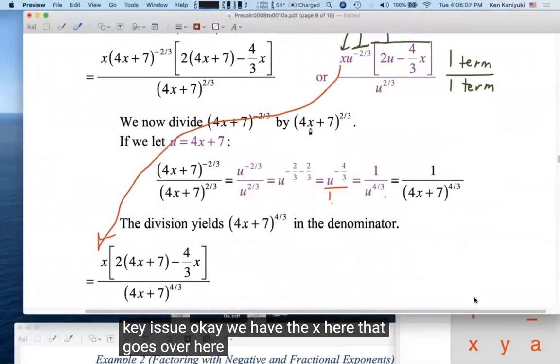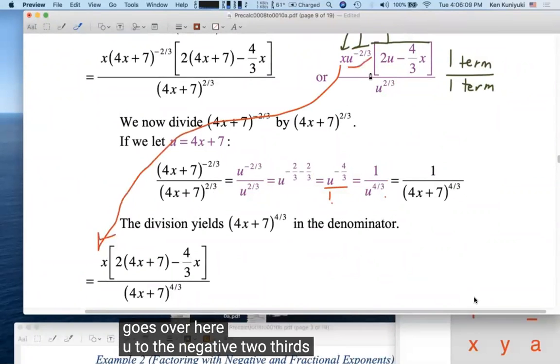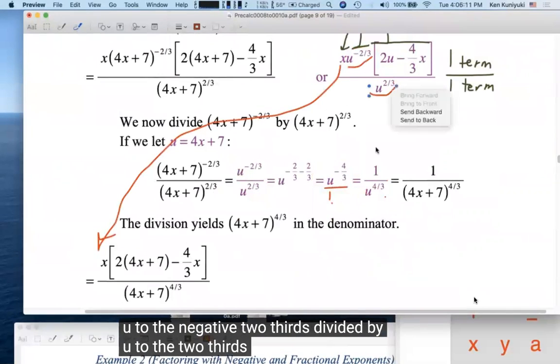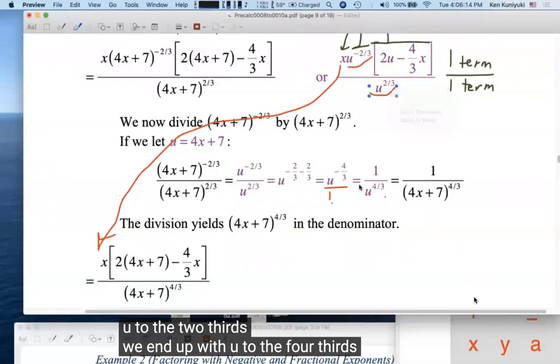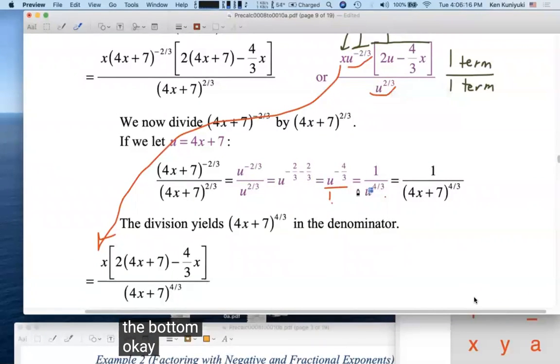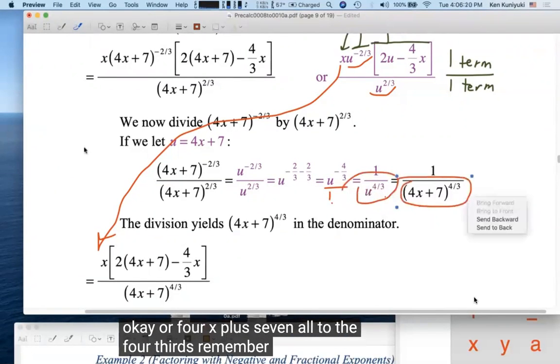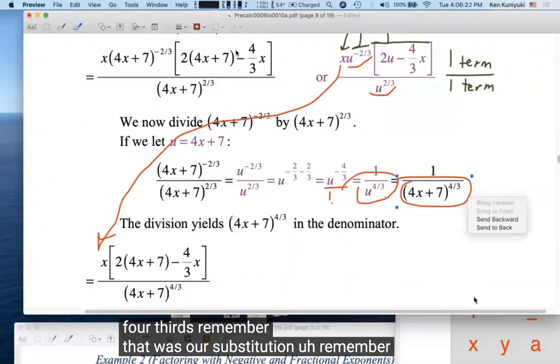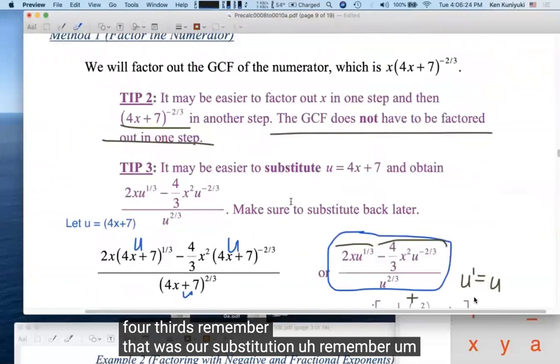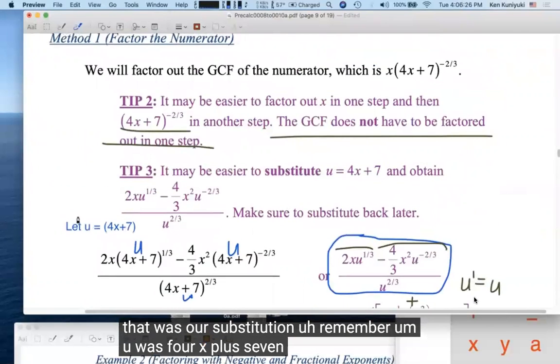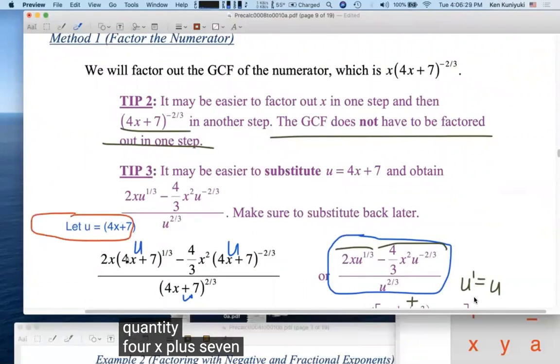That goes over here. U to the negative 2/3 divided by u to the 2/3. We end up with u to the 4/3 in the bottom. Or 4x plus 7 all to the 4/3. Remember, that was our substitution. Remember, u was 4x plus 7. U was the quantity 4x plus 7.